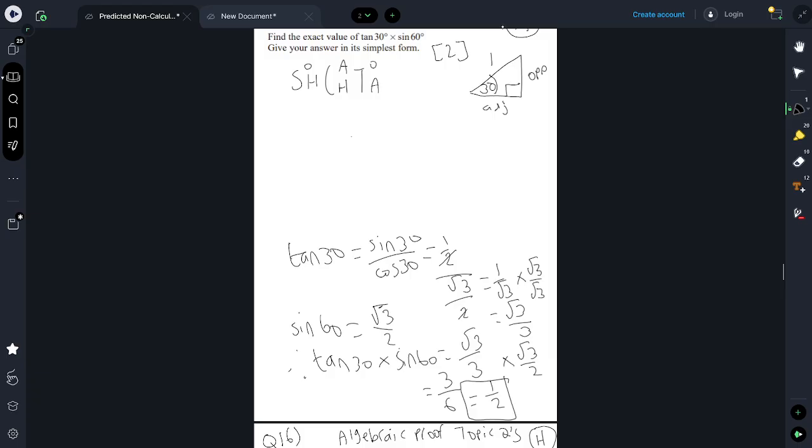So we know opposite is going to be sine 30. Oh, actually, no. Because we want to find the opposite, but we want to find sine 30, don't we?